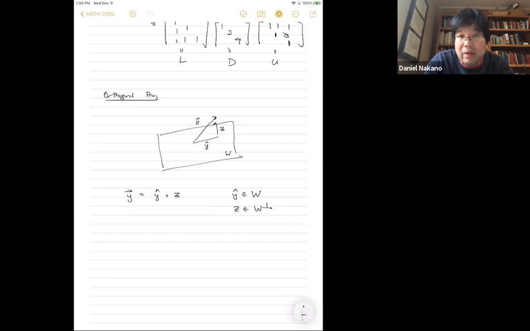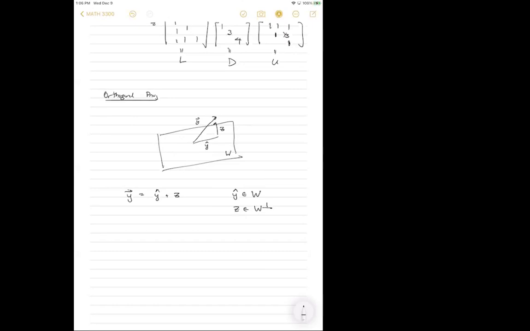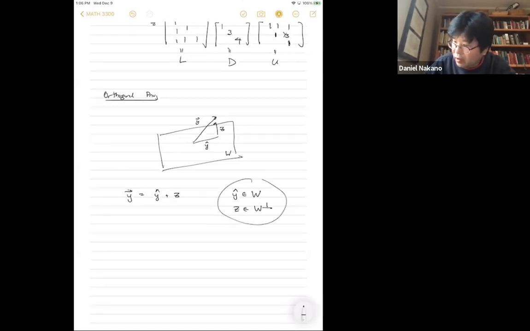If it says I want to actually find a vector z which is orthogonal to W, then you still have to do the process, but then you just subtract y hat from y to get the z. So if it's asking for a vector that's orthogonal to W, that's when you would need to find z. Make sure you know the properties, because if you know what properties these vectors have, it will help you know what to do. Okay, thank you.